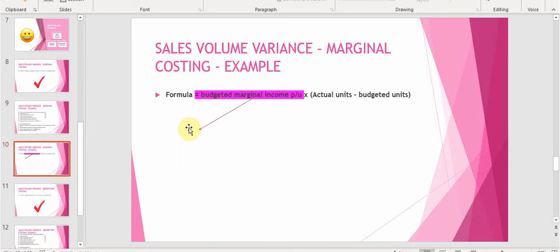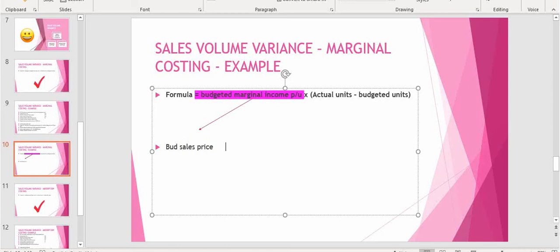So what we will do is we are going to say, all right, the budgeted sales price, please note, let me just include that. The budgeted sales price was, I believe, 62 Rand. Then we had some material that we have to minus. We had some labor. And we also had some variable overhead.